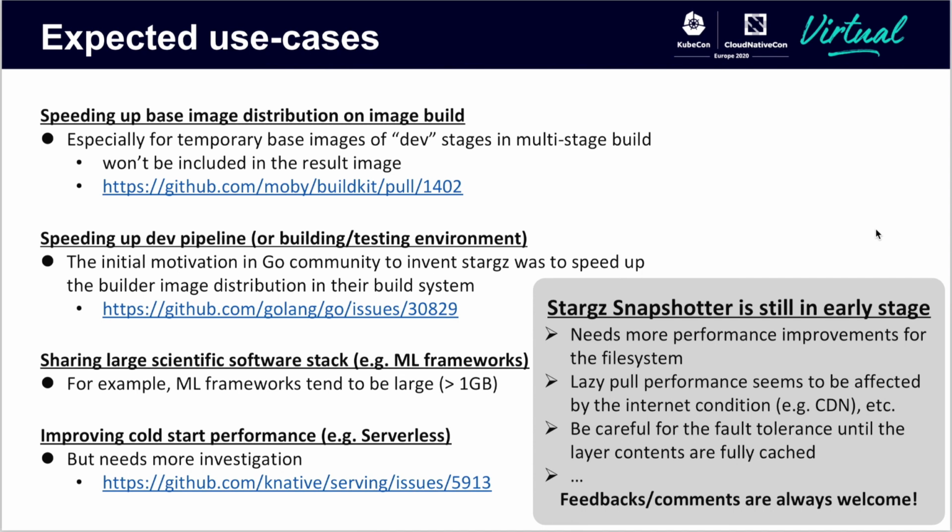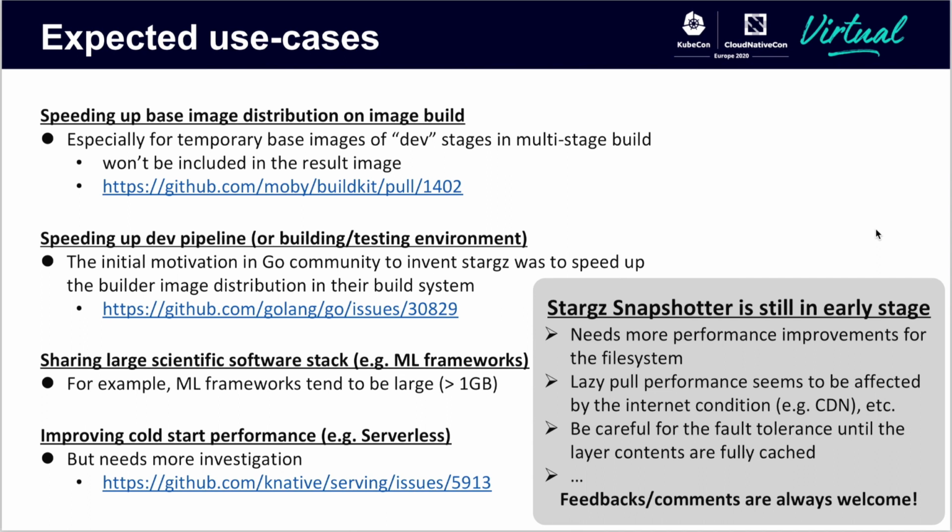They can be over 1 gigabyte. And the final one in the list is improving cold start performance, for example in serverless environments. Of course, we need more investigation here to find out what the root bottleneck of the cold start problem is.